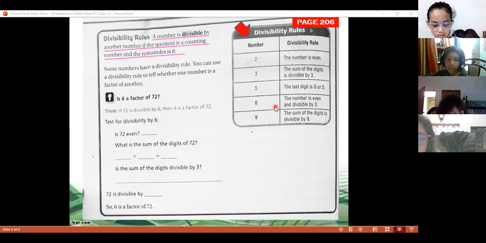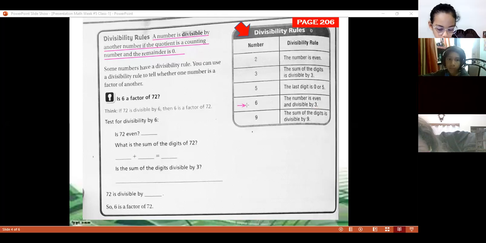What does the rule of number 6 say? The number is even and divisible by 3. So this rule is the one that we're going to use. I'm going to point it here. Right now, we're just using rule number 6. What is even, class? Do you know what an even number is? Did you learn this in the previous grade?